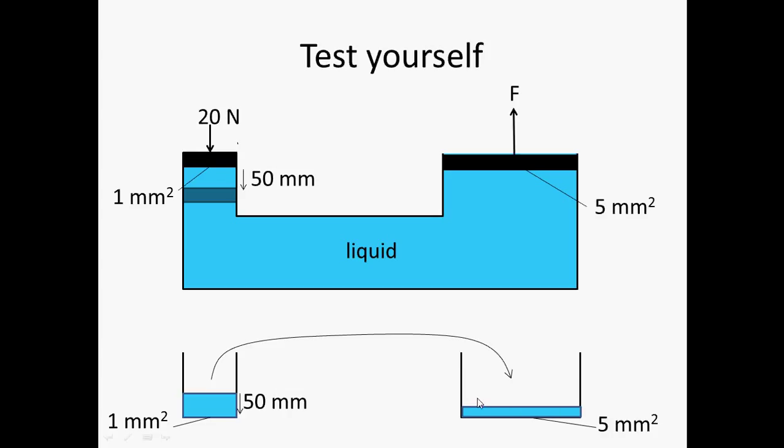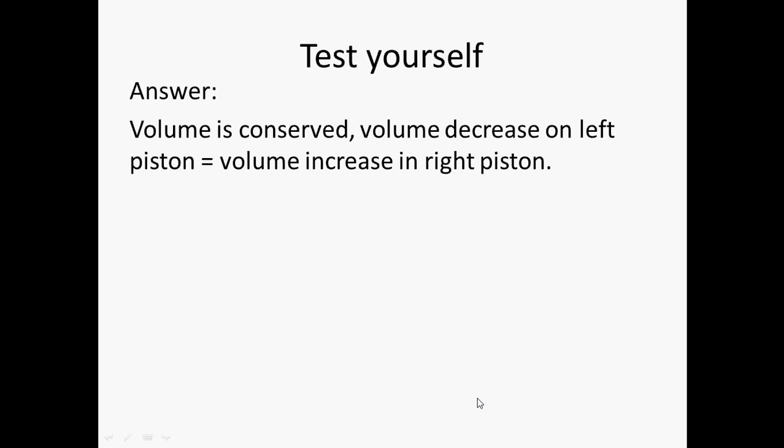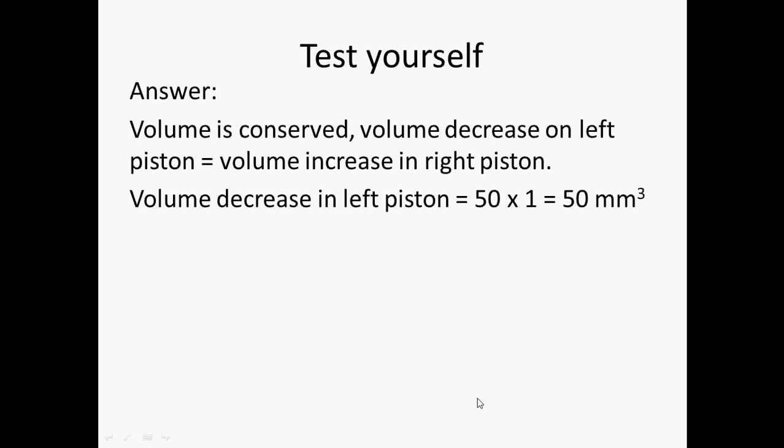Using the math, first of all, you know that the volume decrease on the left is equal to the volume increase on the right. The volume on the left is given by the depth that it decreased, 50, multiplied by the area 1 mm square, which gives you 50 mm cube.